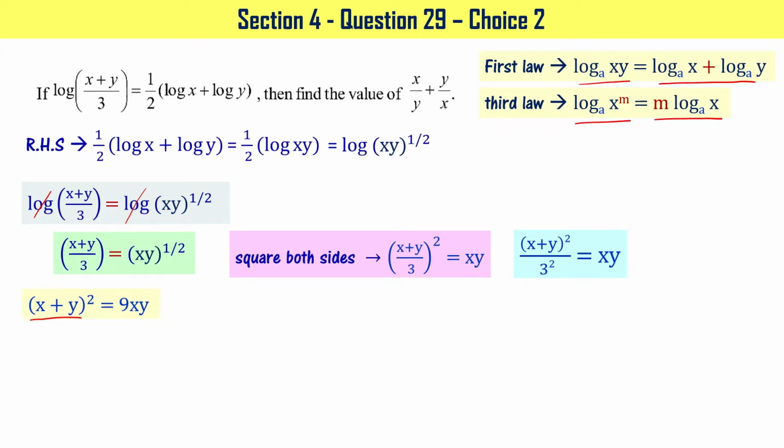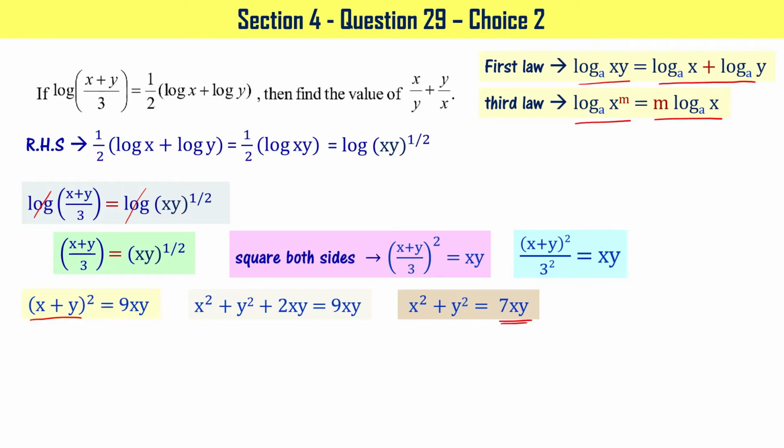When you apply that formula, you can write it as x square plus y square plus 2xy equal to 9xy, right? Let me rearrange the equation further such that I can write it as x square plus y square equal to 7xy.